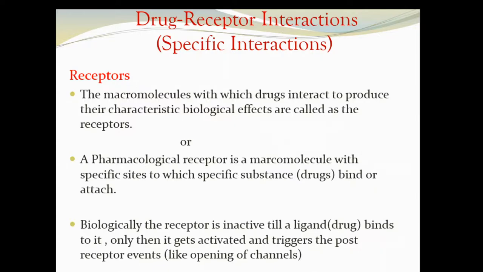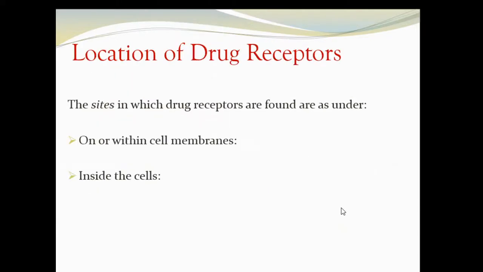Receptors are macromolecules with which a drug will interact to produce its characteristic biological effects, or we can say a pharmacological receptor is a macromolecule with specific sites to which specific substances like drugs bind or attach. Normally the receptor is biologically inactive until a ligand binds to it, and only then does it get activated and trigger a post-receptor response, like opening of the channels.